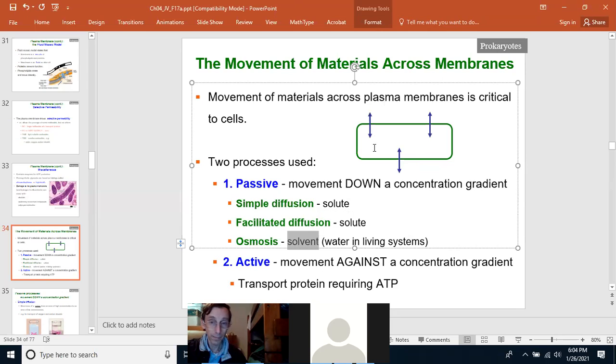For example, if glucose were at low concentration in the gut and the cell had been digesting food and breaking it down into glucose, there would be a lot of glucose inside the cell. Well, the cell is going to want to move glucose into the cell, even though it is at lower concentration outside the cell than inside the cell.